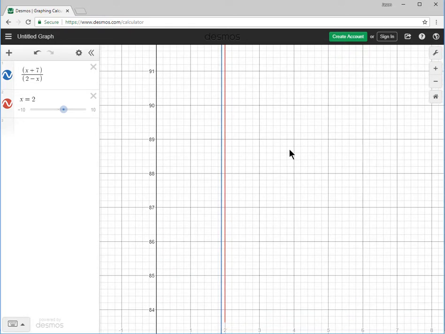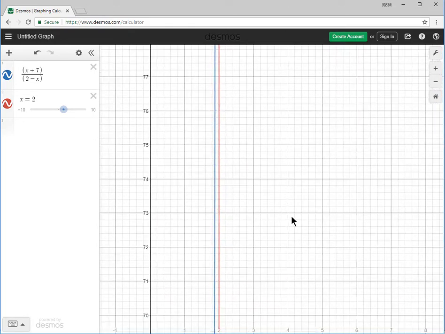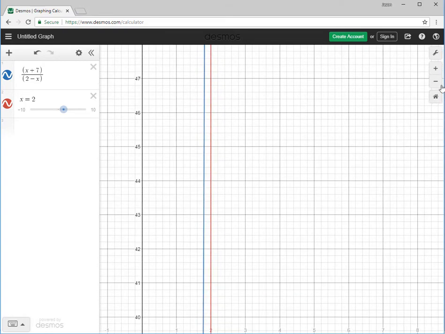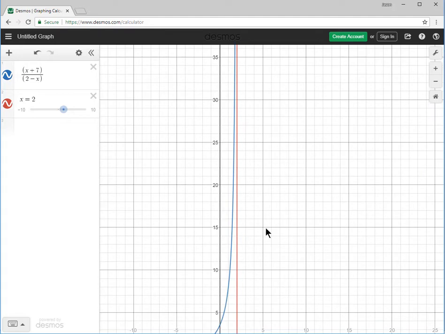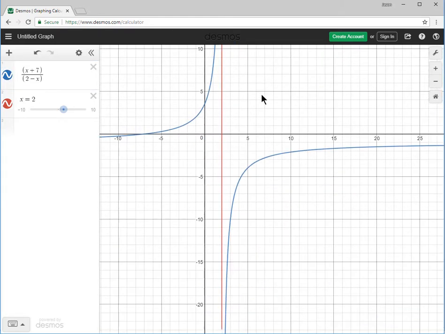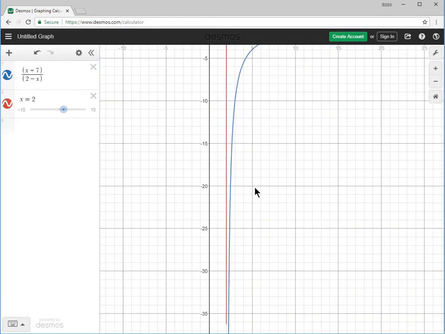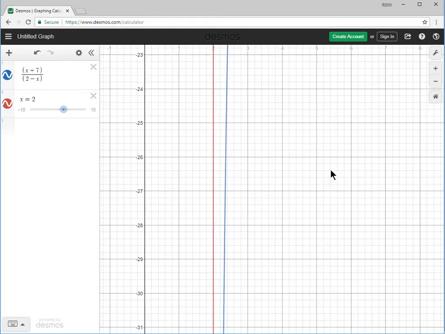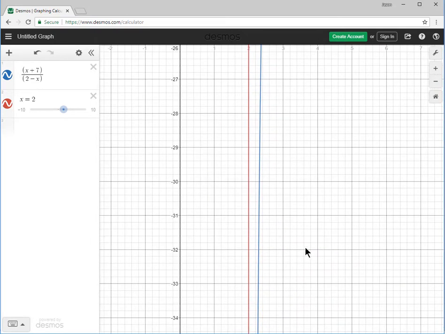As I move down to the other portion of the graph, they never touch, and you can see it widening as I get closer to the x-axis. Same here, once I go down to this portion and zoom in, I could keep zooming in all the way down to negative 999 million, and they will never touch.